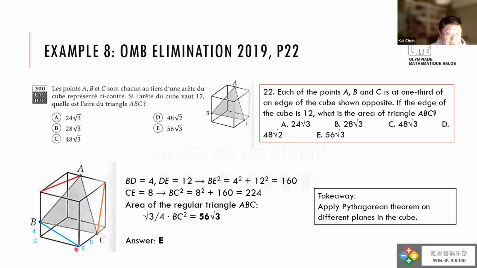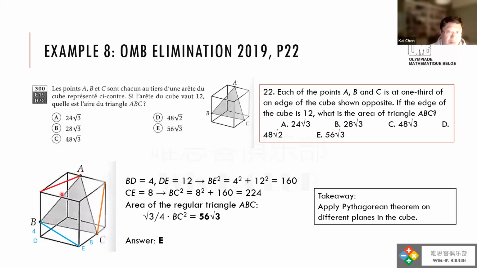DE is 12. So 4 squared plus 12 squared gets 160. So that's BE square. And the BC square is BE square plus CE square. CE is 8, so we add 64 more, we get 224. So that is the square of BC.